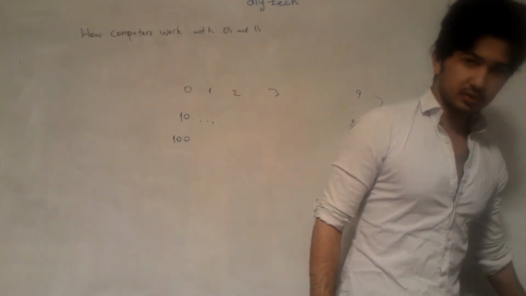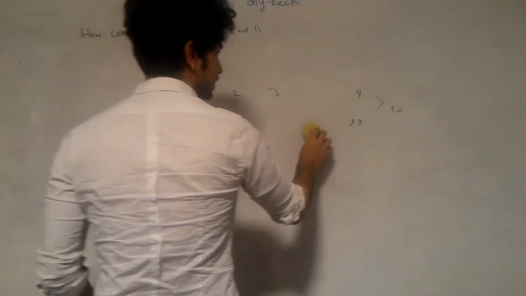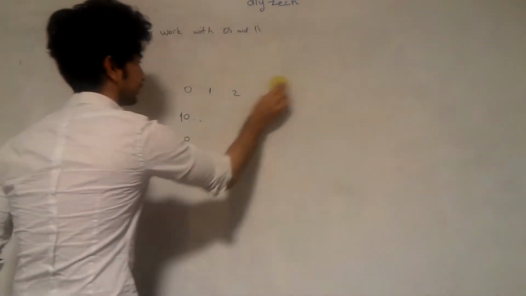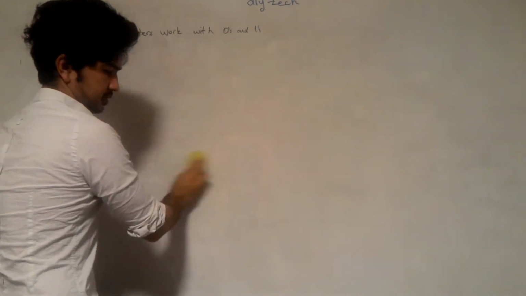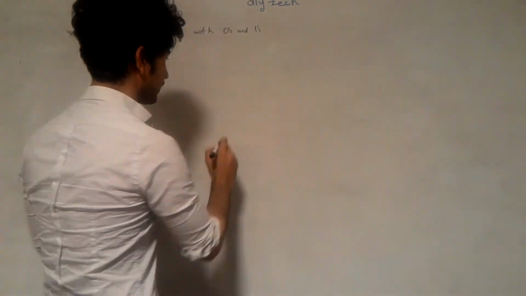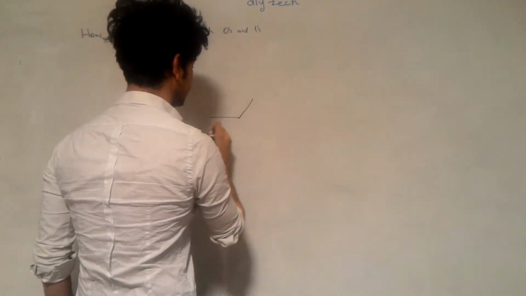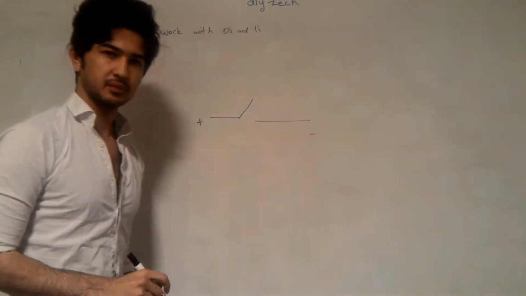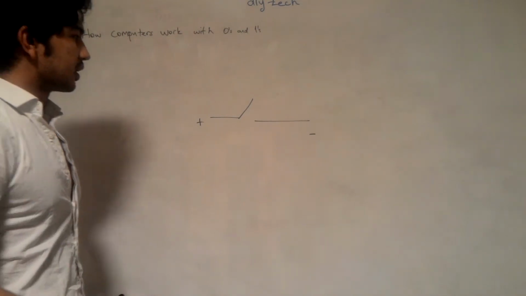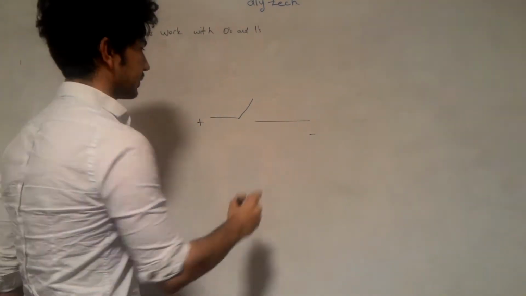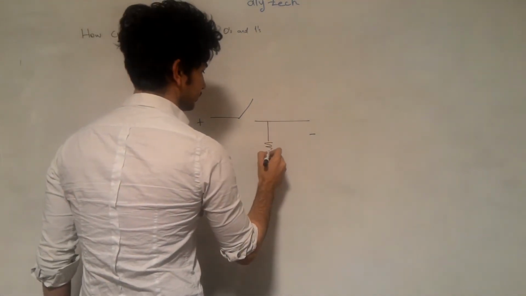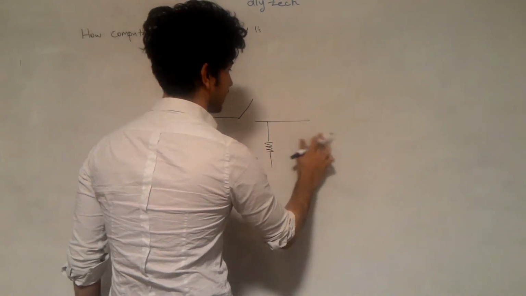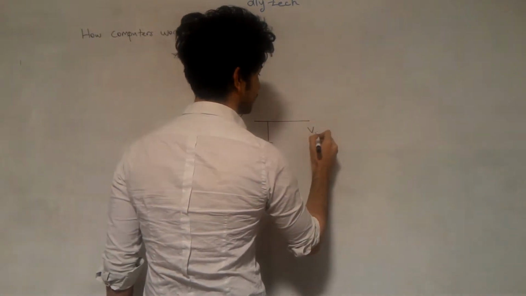In computers, we just have connection and disconnection. We have just two options. Think about this. There's a circuit. This is the plus side. Let's not make this the minus side, let's make this V out.